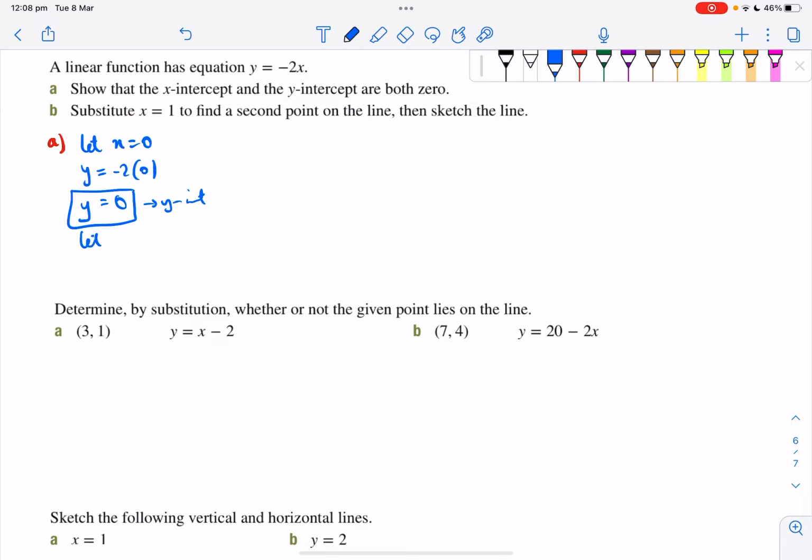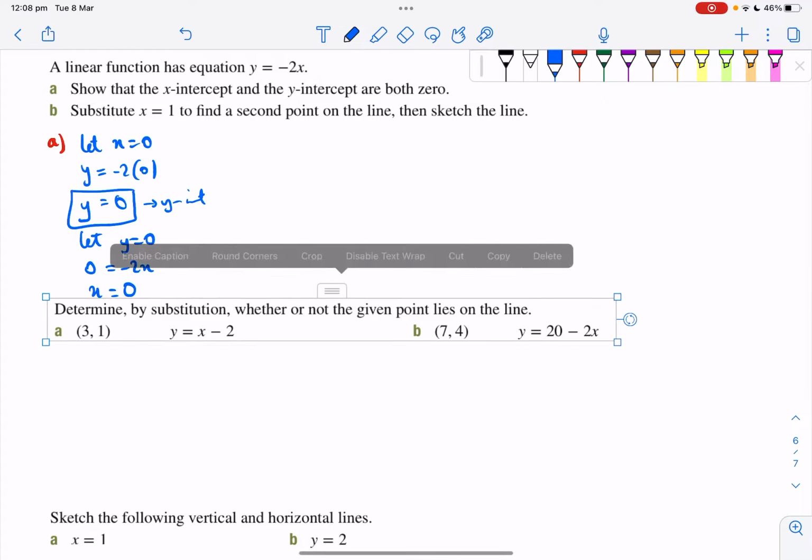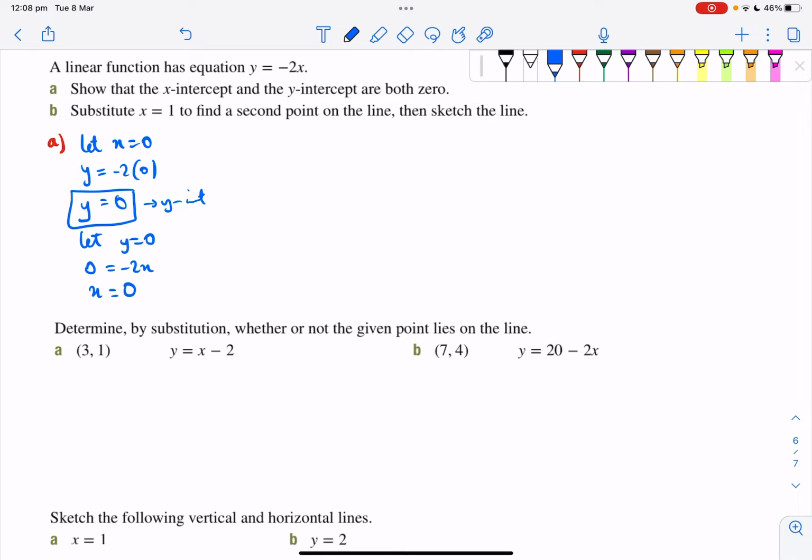And let y equals 0. We're going to get 0 equals negative 2x. And if I make x the subject, I'm going to get x equals 0 again. So that didn't really benefit us in any way, because if I were to plot this on the graph, I'll just quickly do that here.